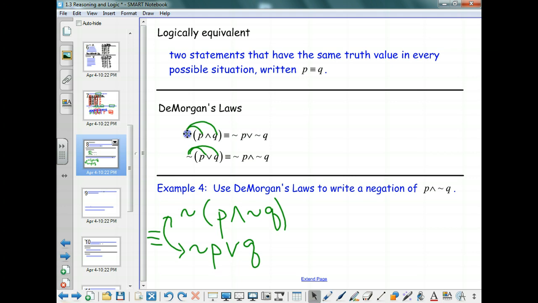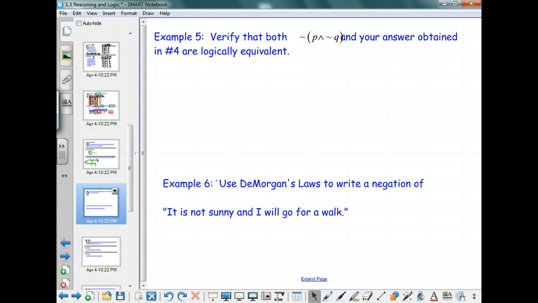And the reason that's helpful has to do with the language we use. We're going to get to example 6, but I have example 5 where I want to show you something. What we're going to do on example 5 is verify, in essence, with the truth table, that the answers really are logically equivalent.